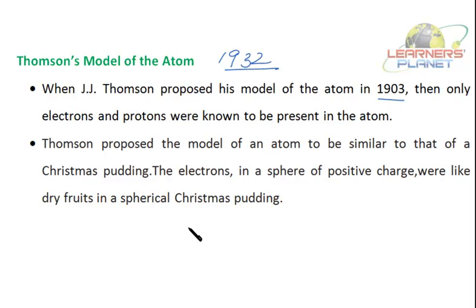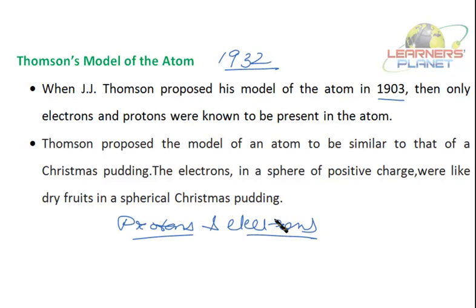So according to him, what all were the elementary particles present? The protons and the electrons. So these were the elementary particles present in 1903 when J.J. Thomson proposed his model of atom. Now what did he suggest? Thomson proposed the model of an atom to be similar to that of a Christmas pudding.